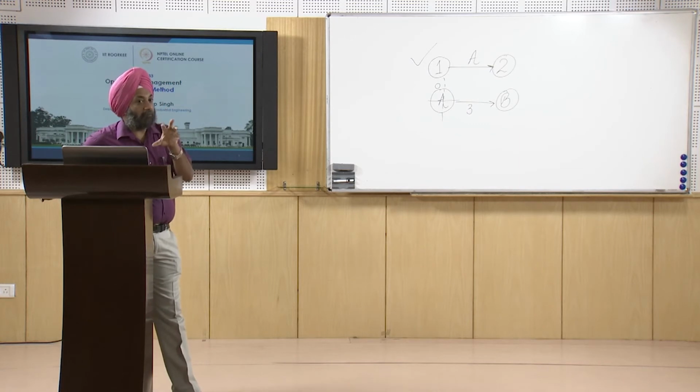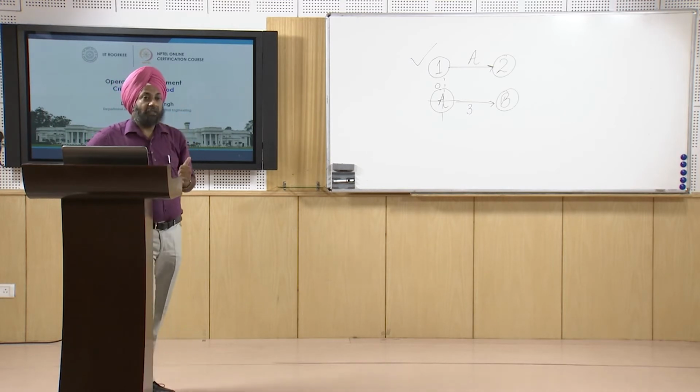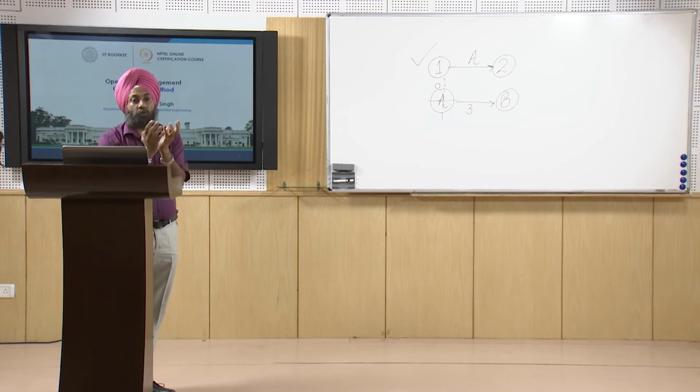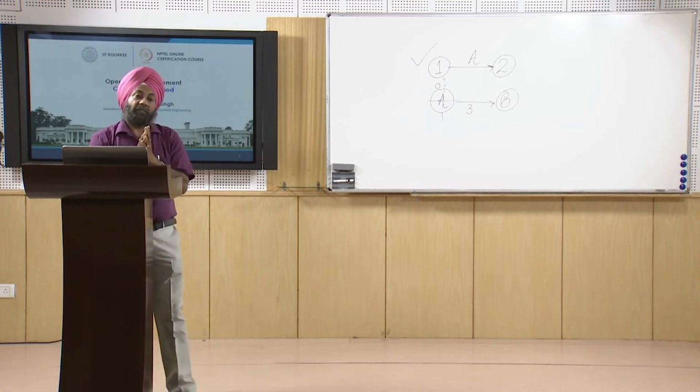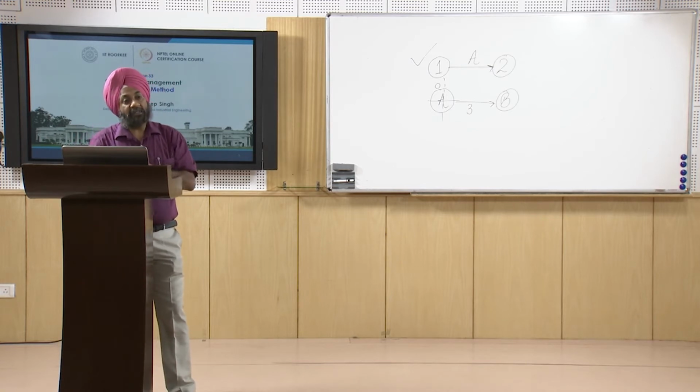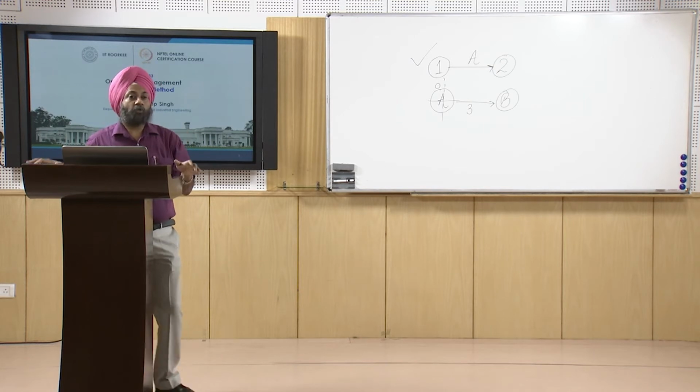Now some of you may be wondering why this slide is important. This slide is important because when we have to construct a network for the project, we need to have this information. First of all, we need a work breakdown structure of the complete project, that these are the activities that have to be completed necessarily for ensuring the completion of the project.